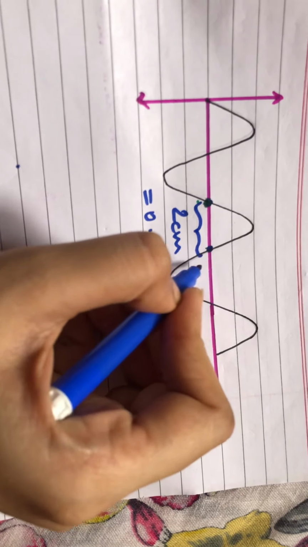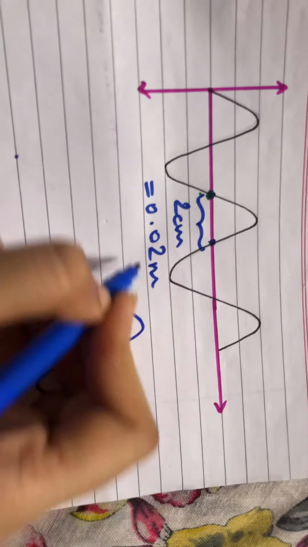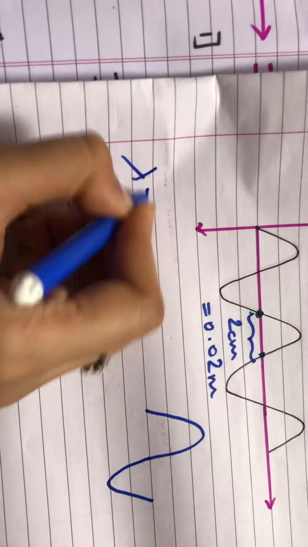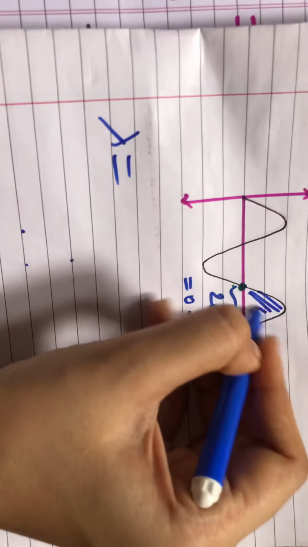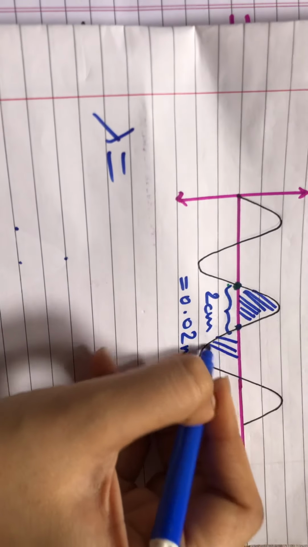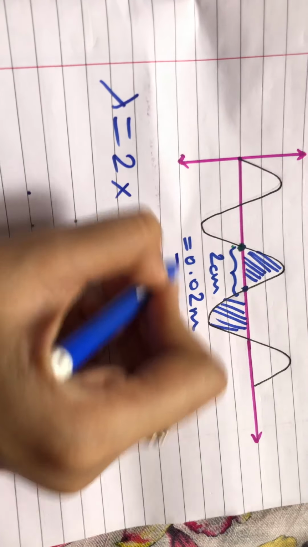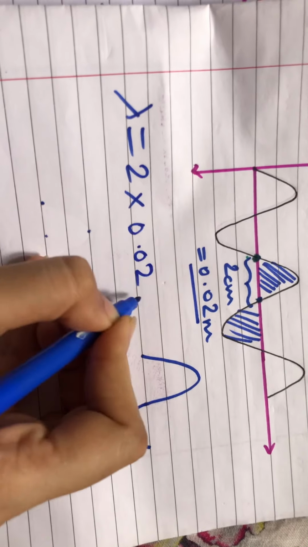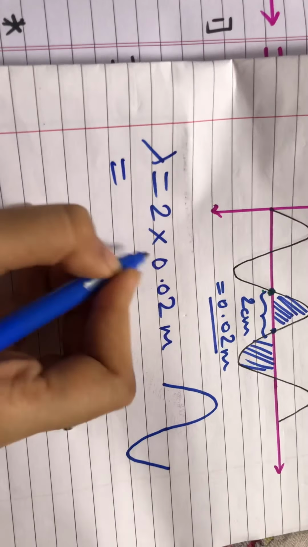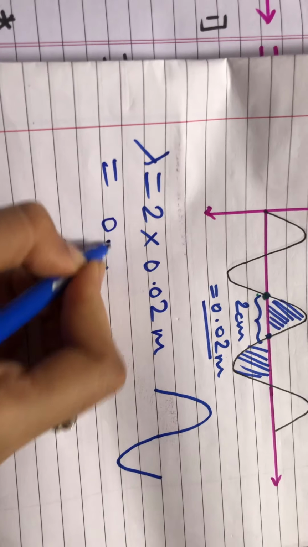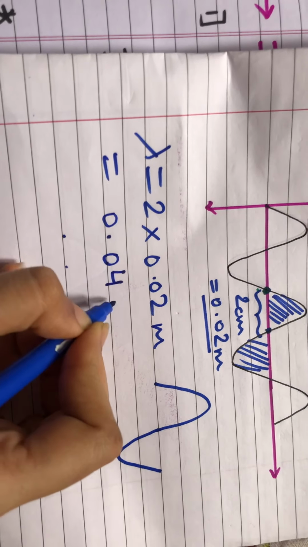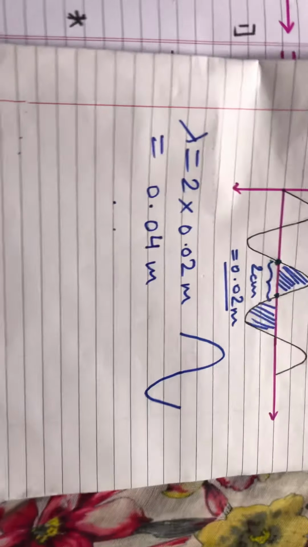It will be same, 2 centimeter, that is 0.02 meter. So lambda will be 2 into the value 0.02 meter, that is 0.04 meter. This is the wavelength.